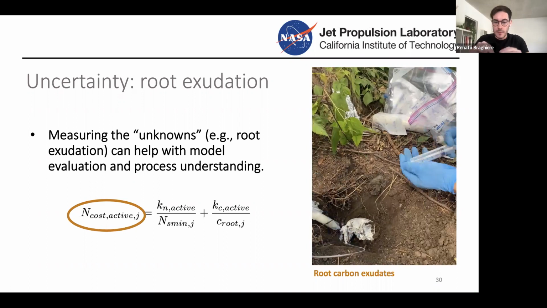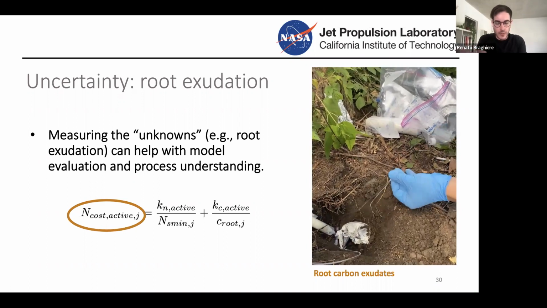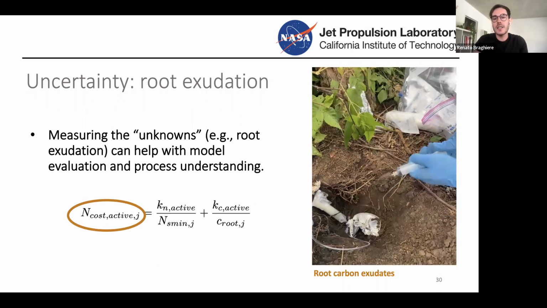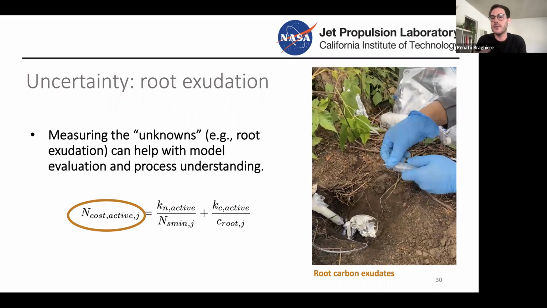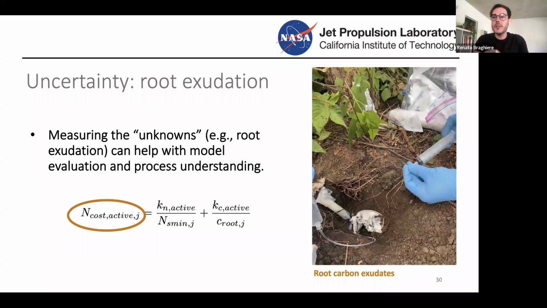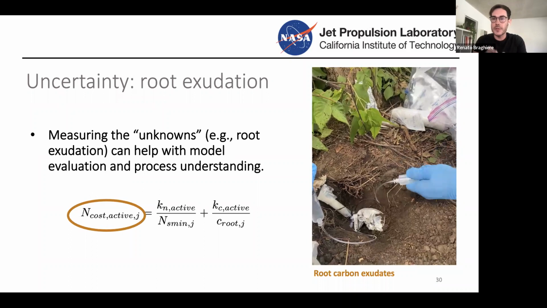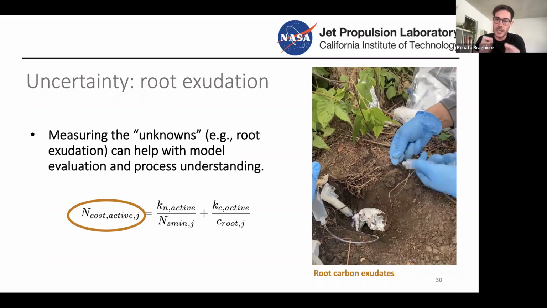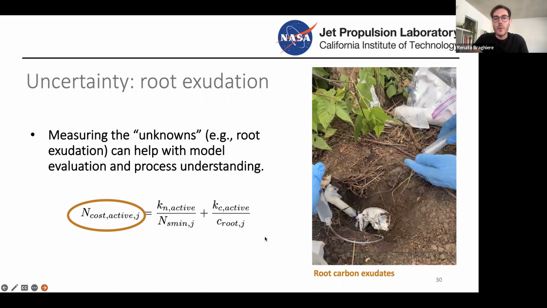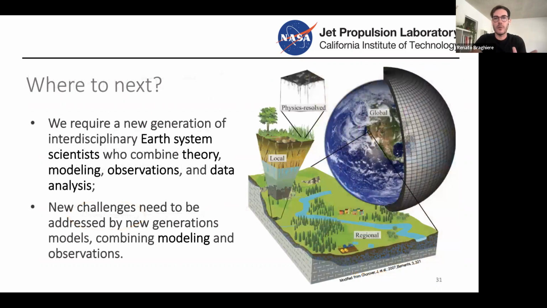And then we close it, put the soil back up, leave it there for 24 hours, and then go back to the field, collect the vessel, take it to the lab, measure how much carbon is in the solution, and we will know the flux. So how much carbon was exudated in 24 hours. So by having this data, we now can start thinking about actually relating those variables instead of just assuming things.